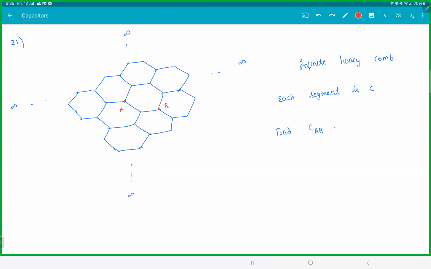Idea is the same. You send charge through A, you take out charge from B, and then you do the symmetry. When you get infinite grids, this is the way to do it.